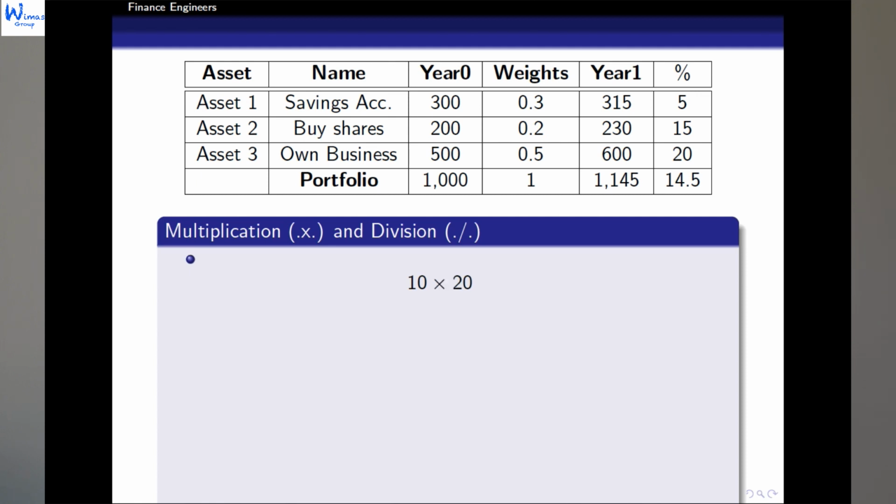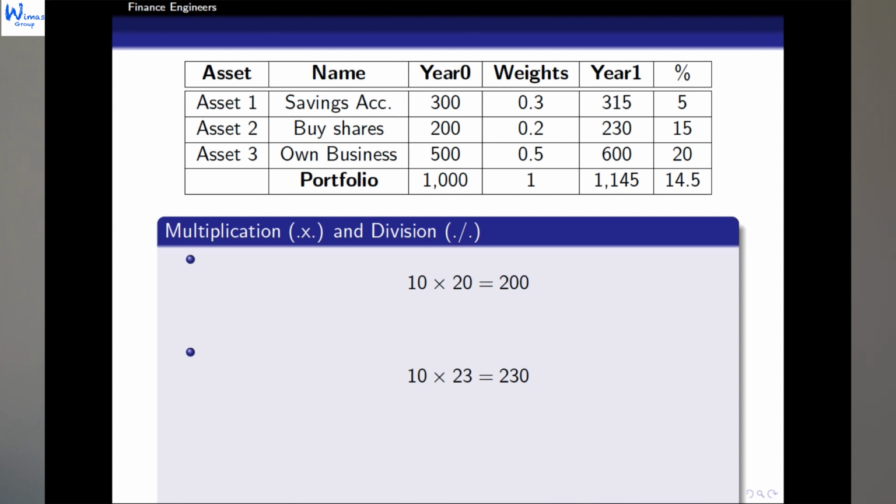So the amount we needed to invest in that company was 10 shares times 20, the value of each share, which made 200. After 1 year, we still have our 10 shares, but the value of each share has grown. It's now 23 from 20, and we will have 10 times 23, which makes 230.